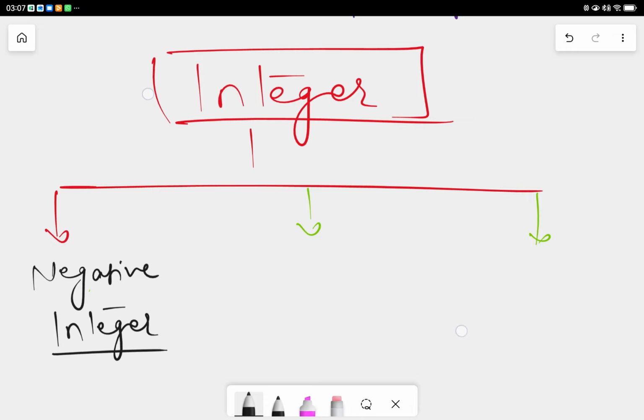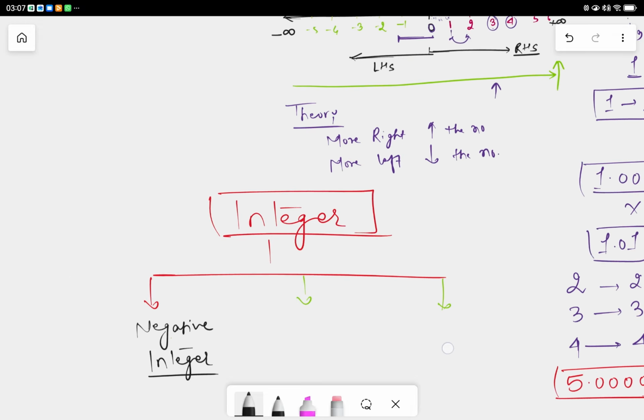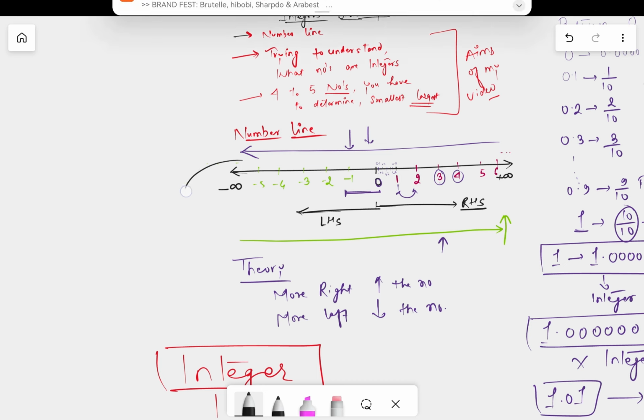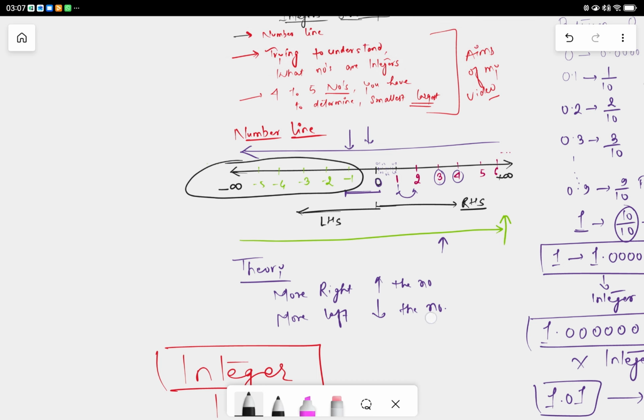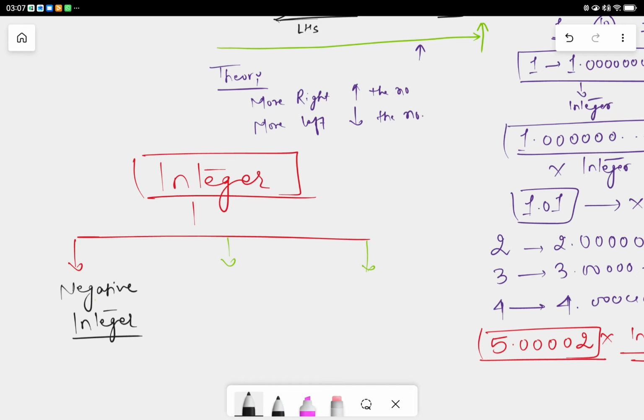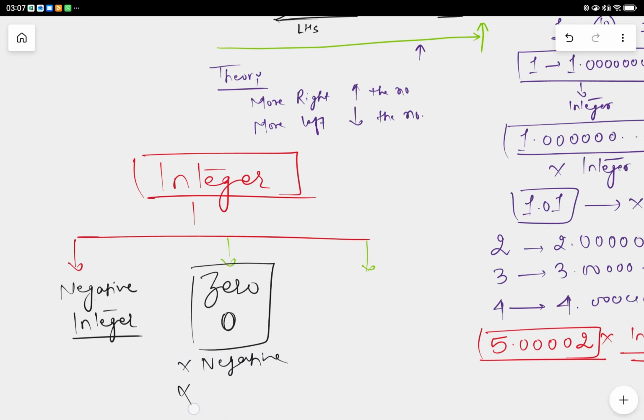What is a negative integer? Let us go back to the number line system. All these numbers to the left of 0 are negative integers. Now the second is 0. Remember, 0 is neither negative nor positive.